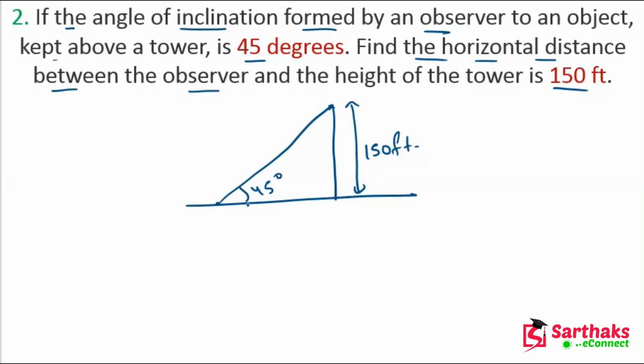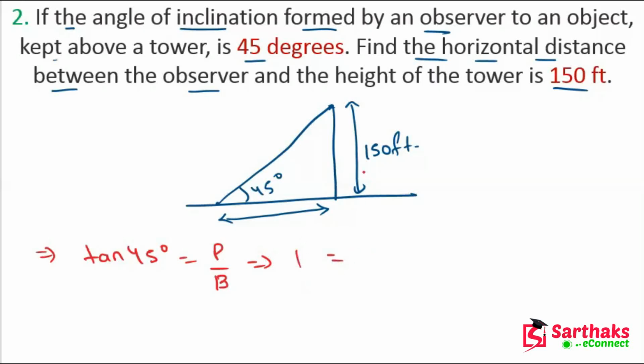Now we have to find the horizontal distance, means this distance. For finding this distance we have to use the formula of angle of elevation. We know that tan 45 degrees is equal to perpendicular upon base. What is the value of tan 45? 1.